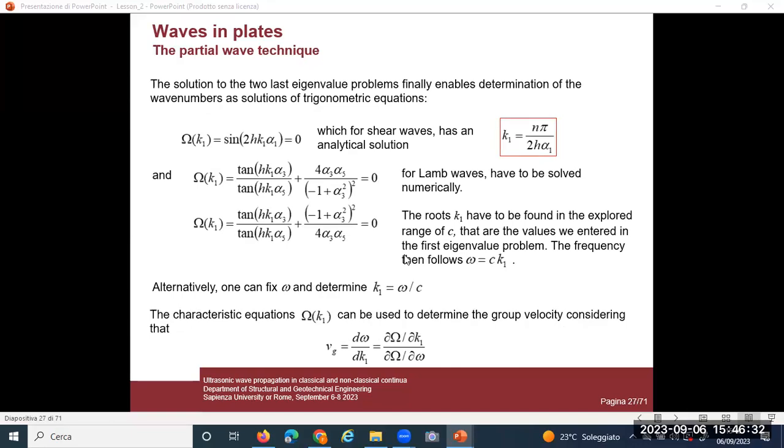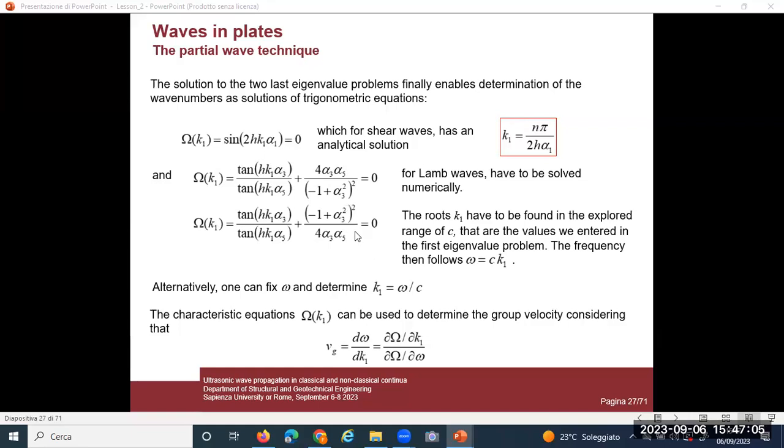Now, the problem for shear waves, lovely. It's got an analytical solution. It's this one. You see? Wave numbers as a function of alpha. The second one for Lamb waves: alpha is known analytically, so no problem for alpha, you know it. The second one, not so nice. It needs a numerical solution, but it's feasible, okay? It's this expression.